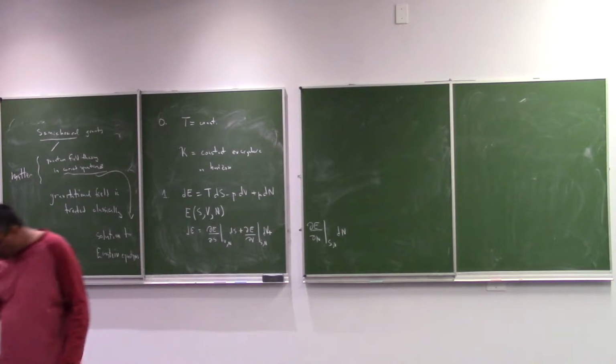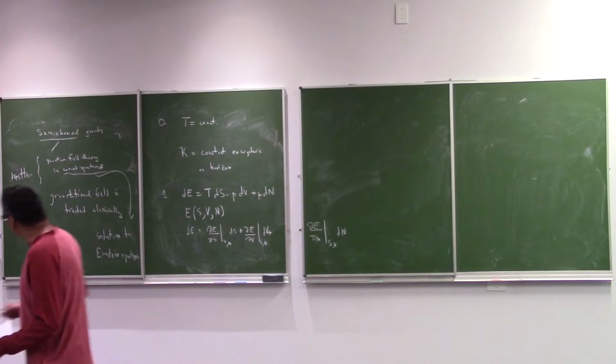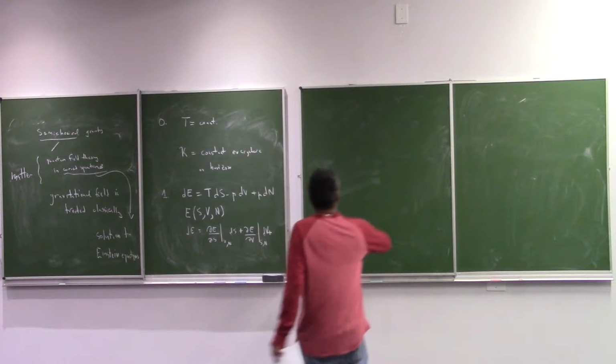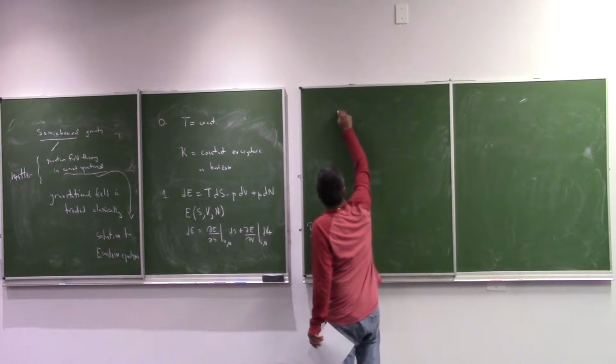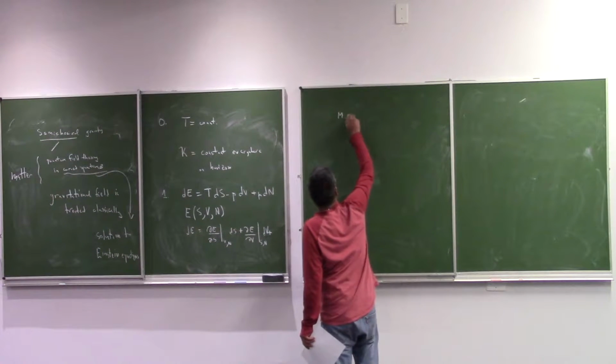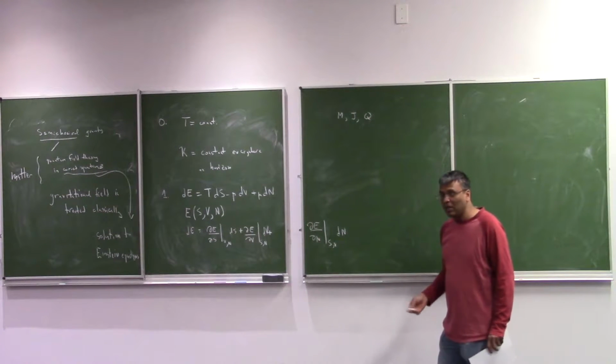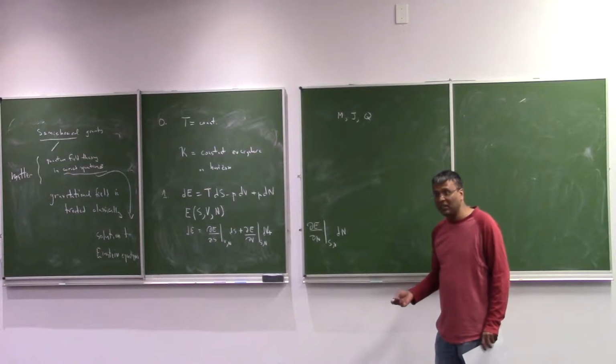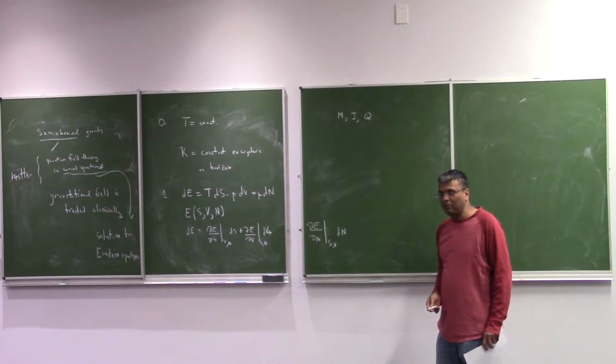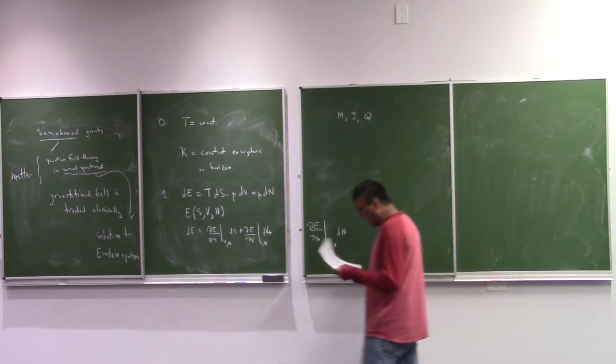Remember I told you yesterday that if we have the mass, the angular momentum, and electric charge of a black hole, this defines a black hole solution uniquely in Einstein-Maxwell theory.